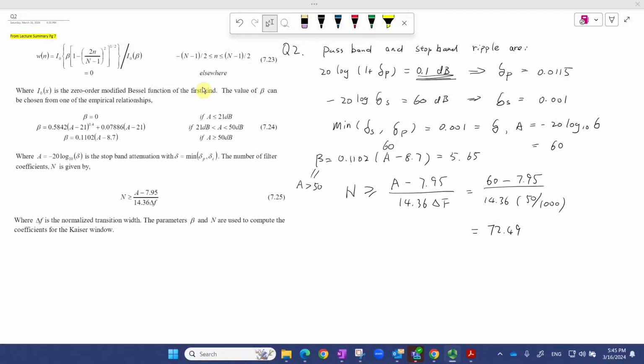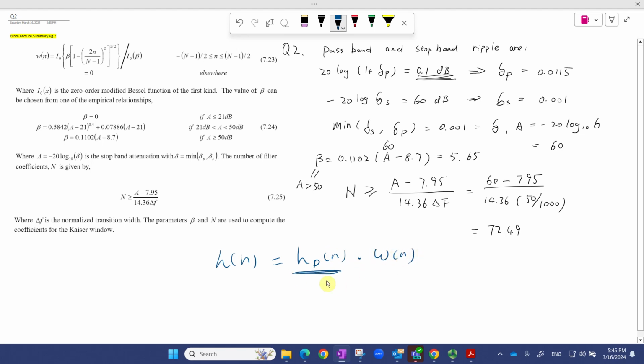All right, so for question 2, we're going to use the same filter, Hn equals capital HDn multiplied with a window function, right?